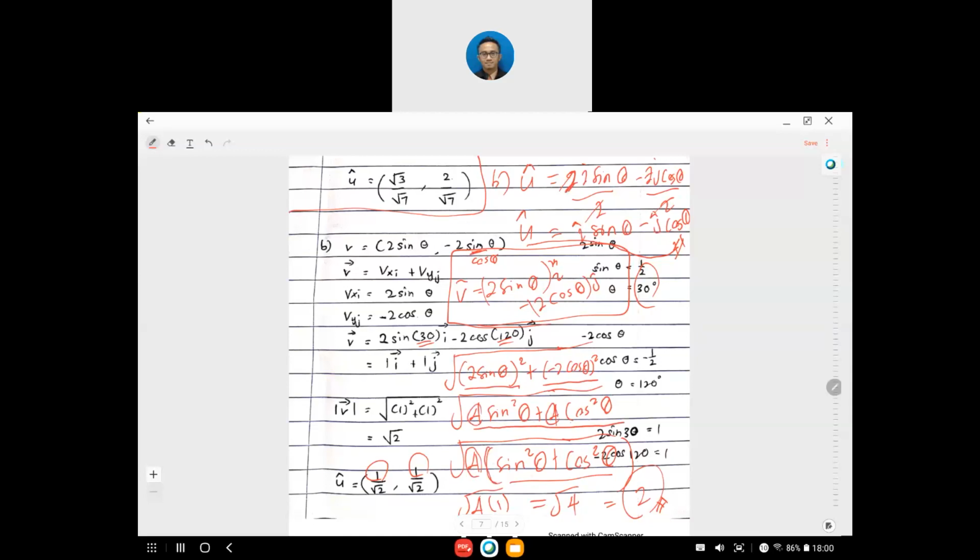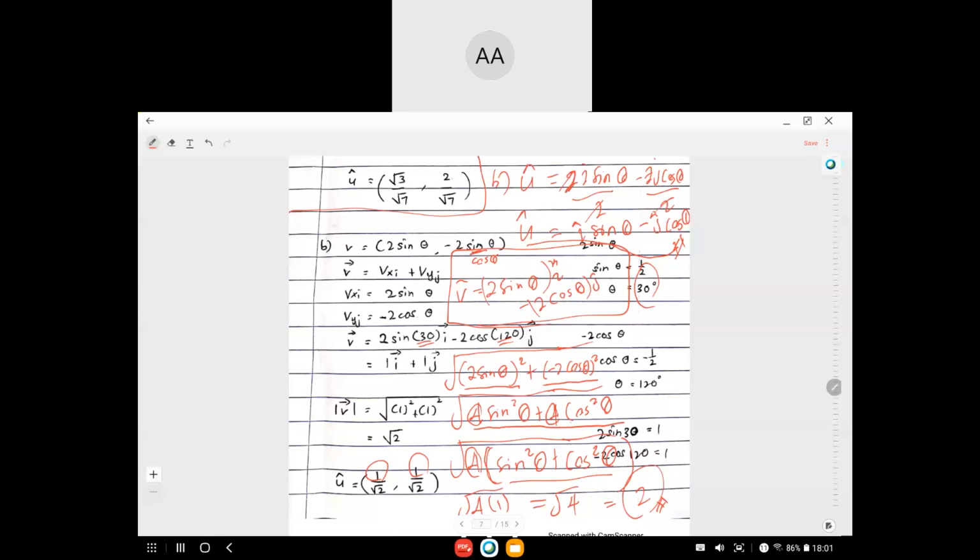Identity of trigo. Sin square theta plus cos square theta equal to 1. Okay sir. Faham ke tidak? Faham. Formula trigonometry. Okay?